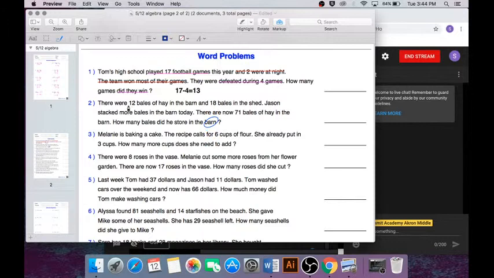So we started with 12 bales of hay in the barn, and now there are 71 bales of hay in the barn. So that is the important information we need to know.